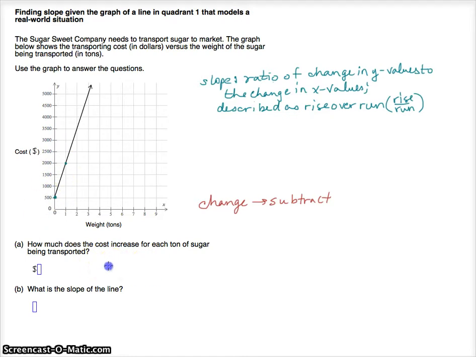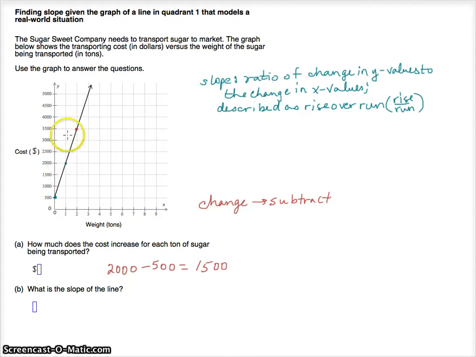So we'll get 2,000 minus 500, and that's going to give us a change of $1,500. Okay, that's how much it costs to transport 1 ton of sugar. And if you look, it happens again. If you go from 1 to 2, 2 crosses at 3,500.